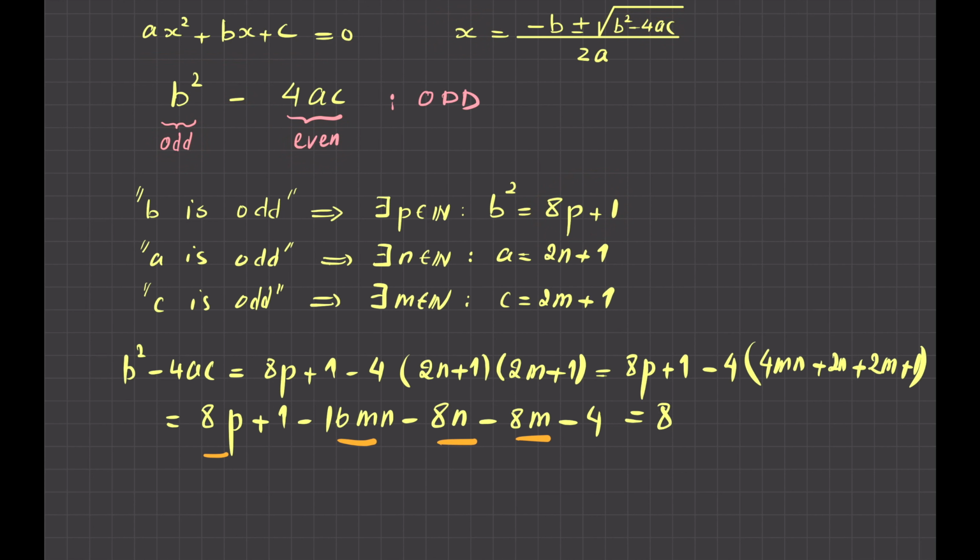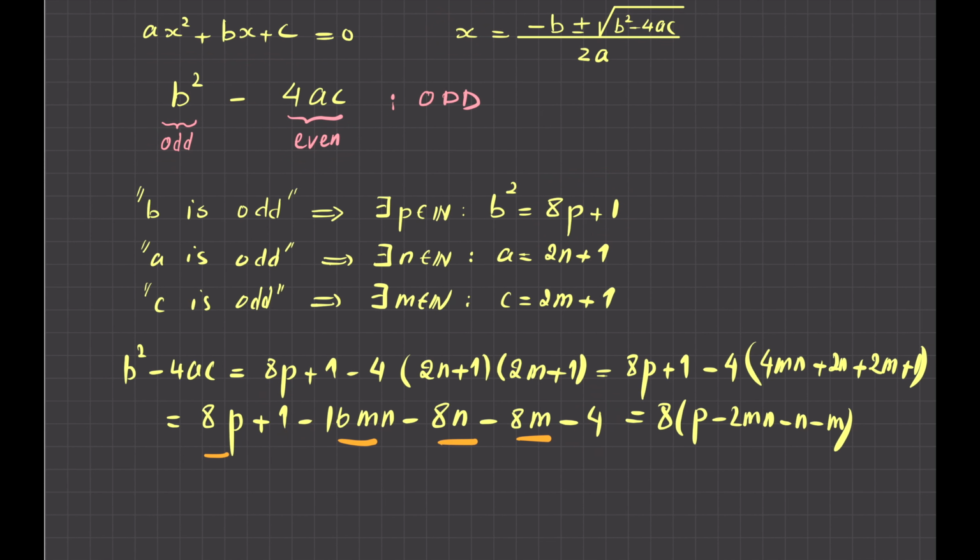So it becomes 8 times (p minus 2mn minus n minus m), and then I have 1 minus 4, which is minus 3. But instead of minus 3, if you don't mind, I will write minus 8 plus 5. That's also another way to write minus 3.